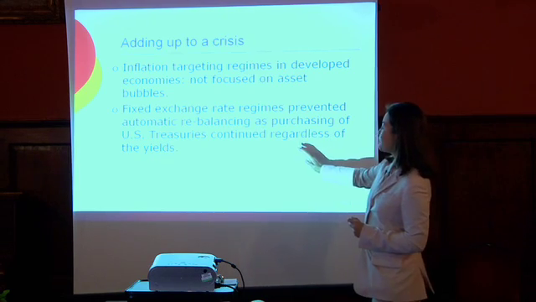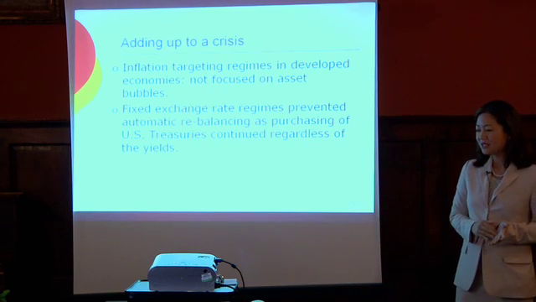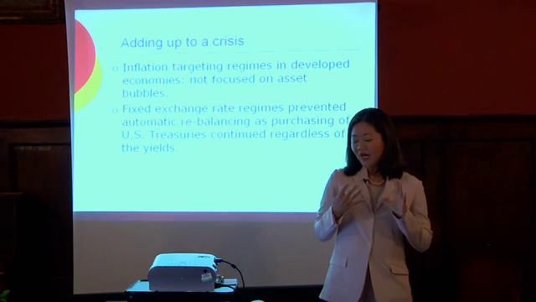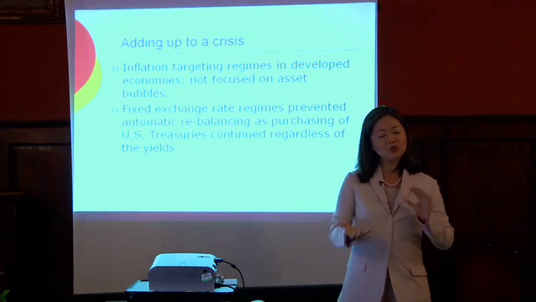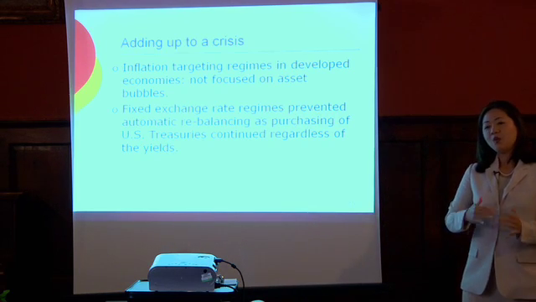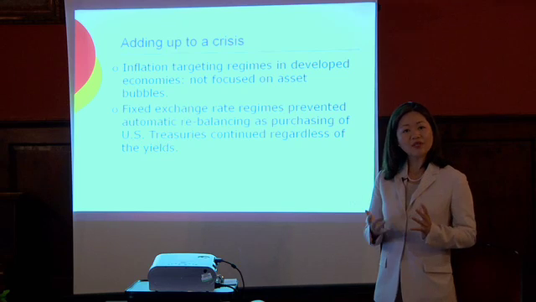And let me just finally reiterate why fixed exchange rates also played a role. So I already described why you don't get rebalancing. Another part of it is when the US Fed began to raise interest rates in 2004, there was a worry at the time.